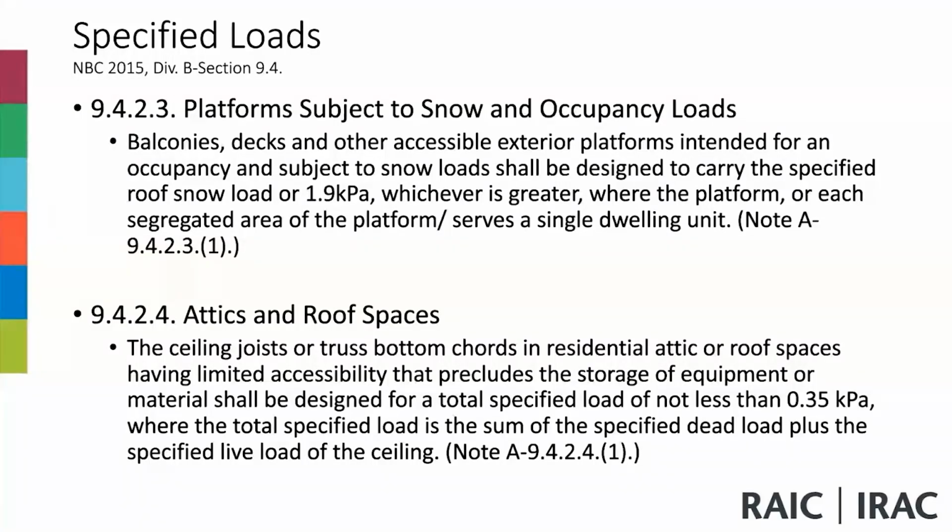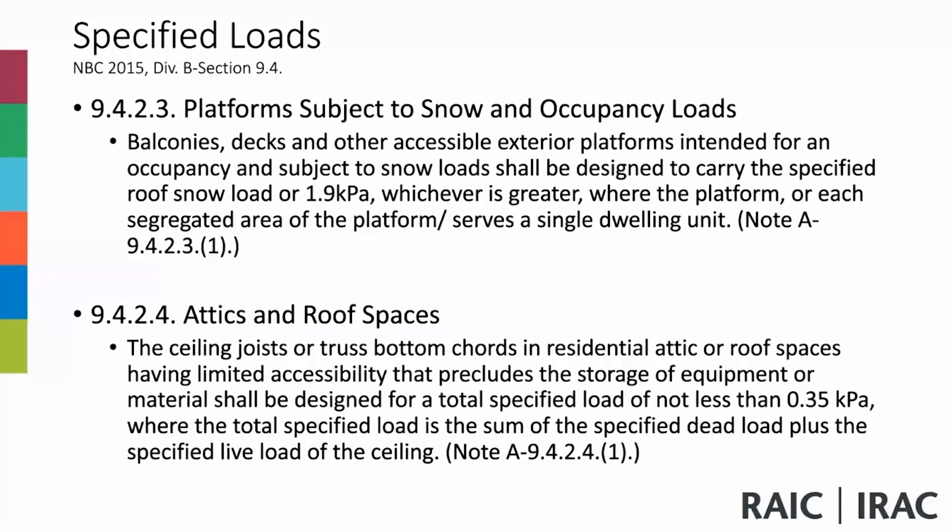In attics and roof spaces, the ceiling joists or truss bottom chords in residential attic and roof spaces having limited accessibility that precludes storage of equipment or material, so you don't have any storage of equipment, shall be designed for a total specified load of not less than 0.35 kPa, where the total specified load is the sum of the specified dead load plus the specified live load of the ceiling.